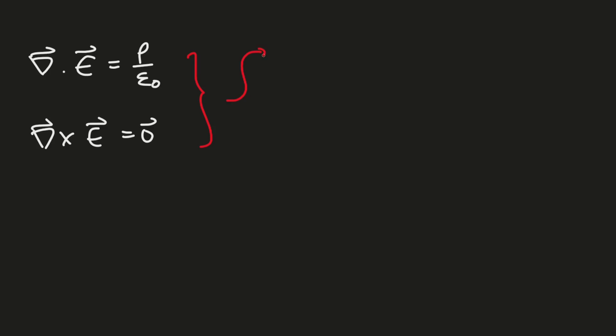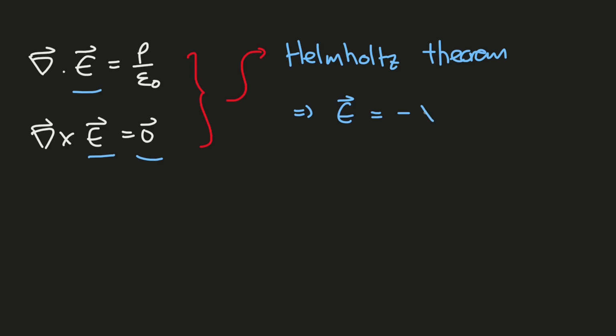With this result, if we use the Helmholtz theorem for an irrotational vector, then we can define the electric field as the gradient of a scalar function, let's say minus V, which in the future we will know as the scalar potential field, or electric potential.